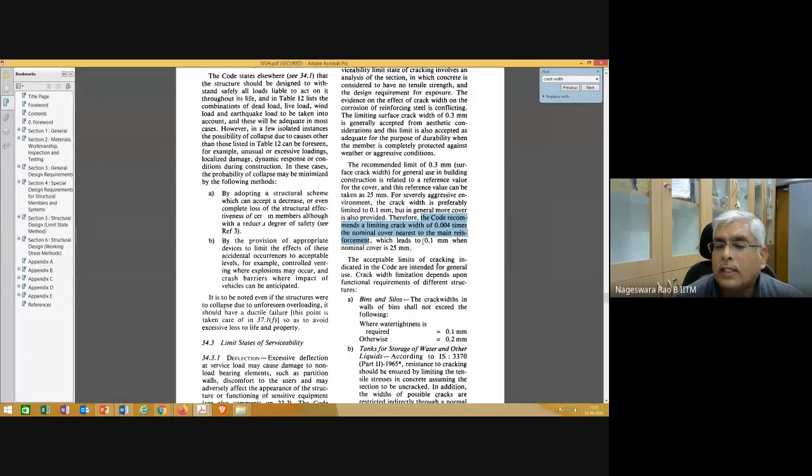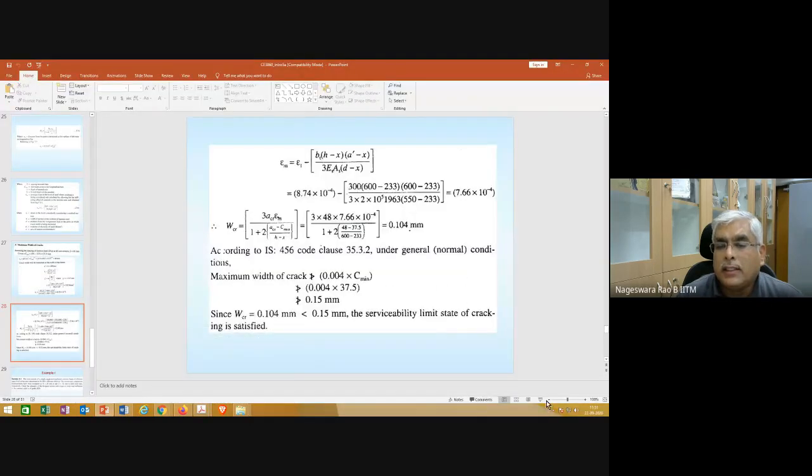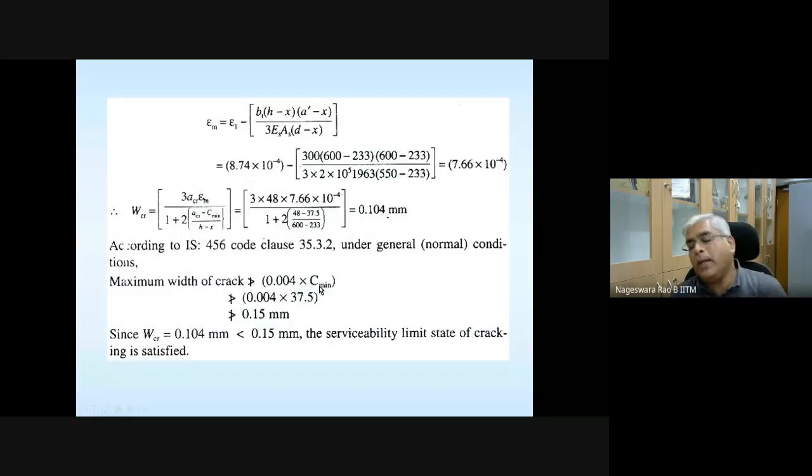What is our cover here? Our nominal cover is 50 mm. Okay, so 0.004 times 50, or sorry, here C minimum, the clear cover.